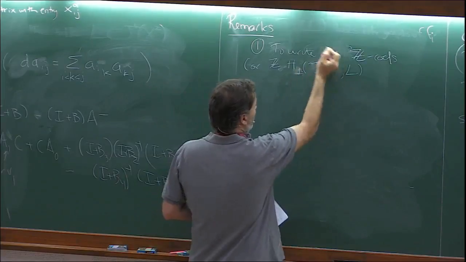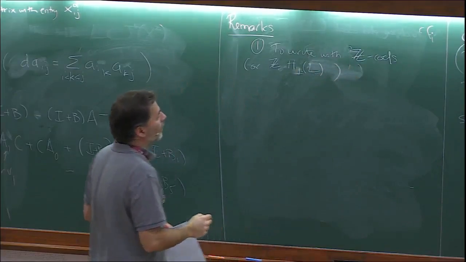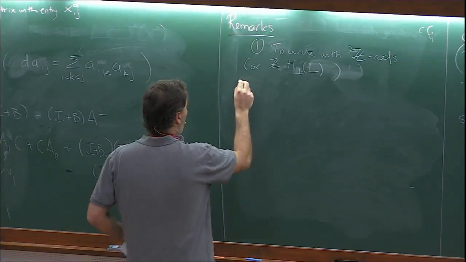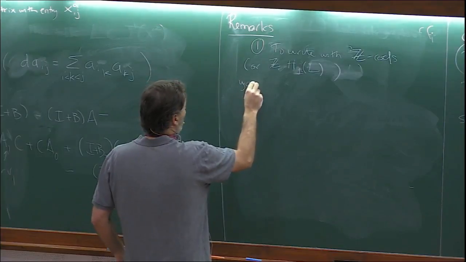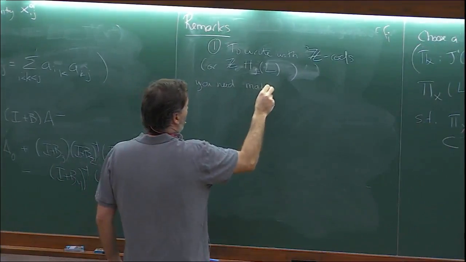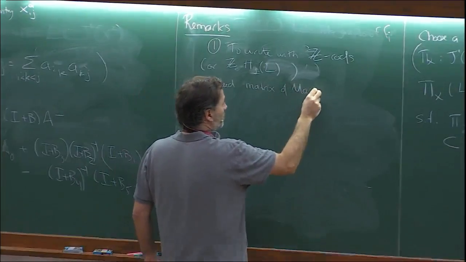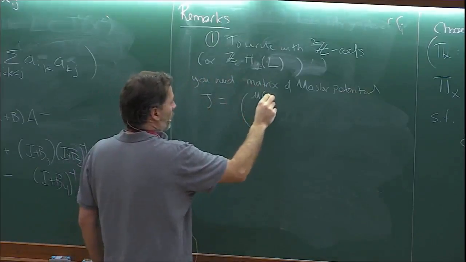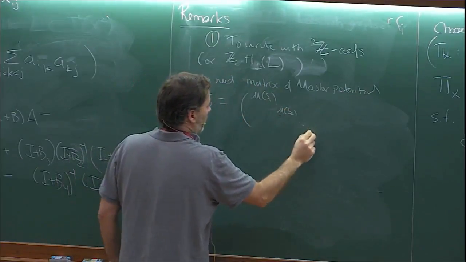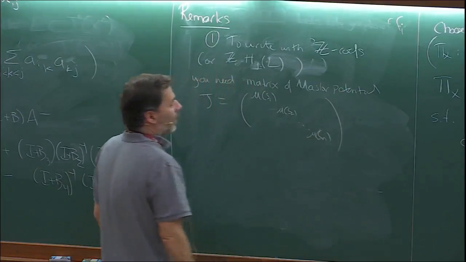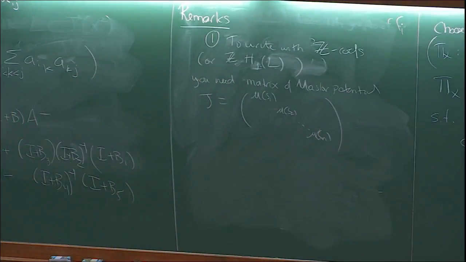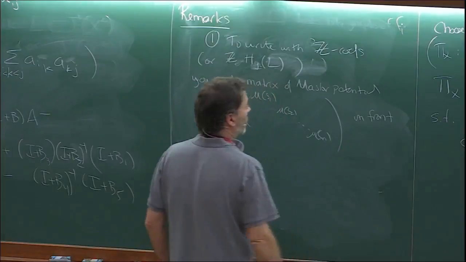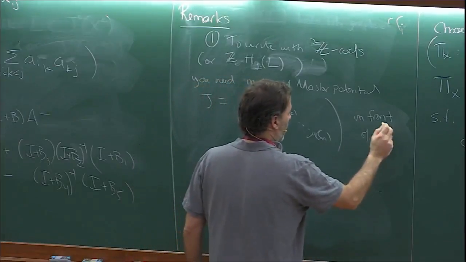This is the most general we can do. It's not quite that simple. You need some sort of matrix of Maslov potentials, J, which looks like mu of sheet 1, mu of sheet 2, mu of sheet n, floating around here, basically out front, in the front of the left-hand side, right-hand side.